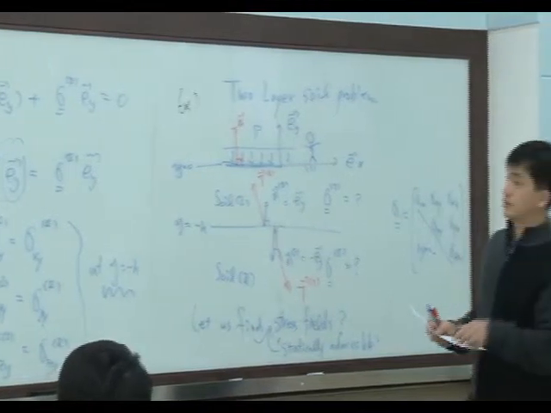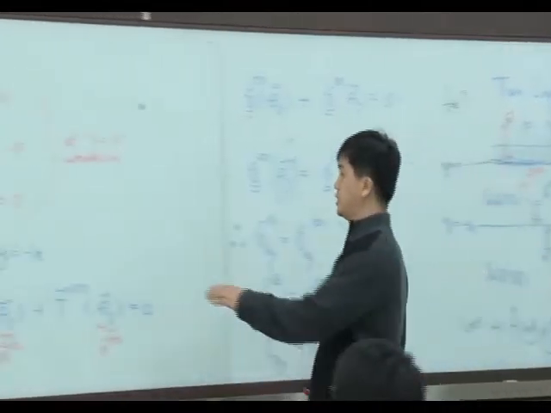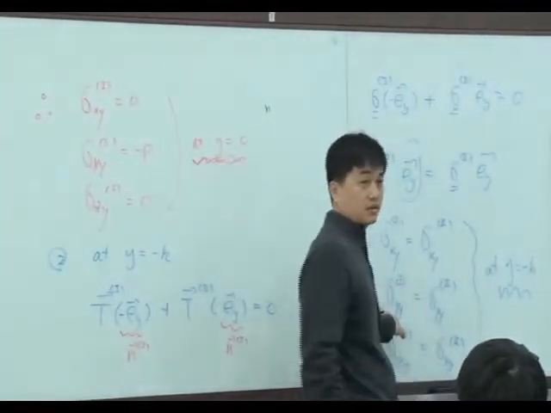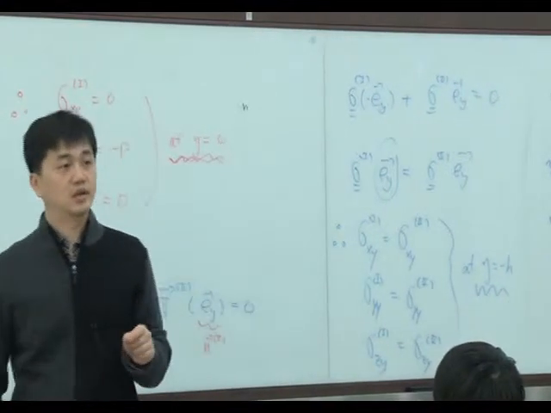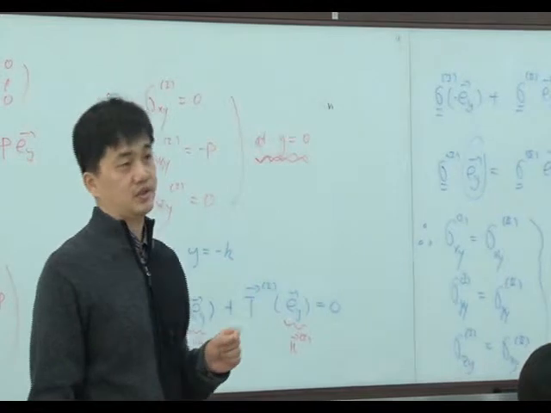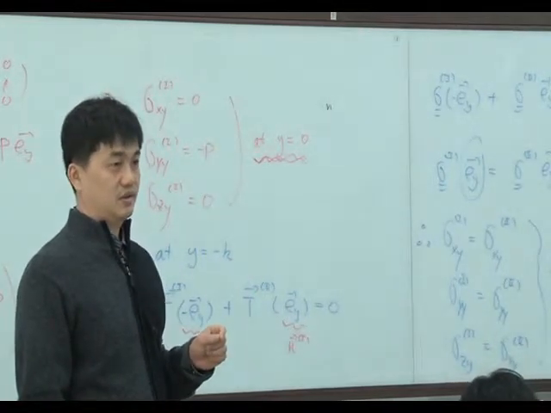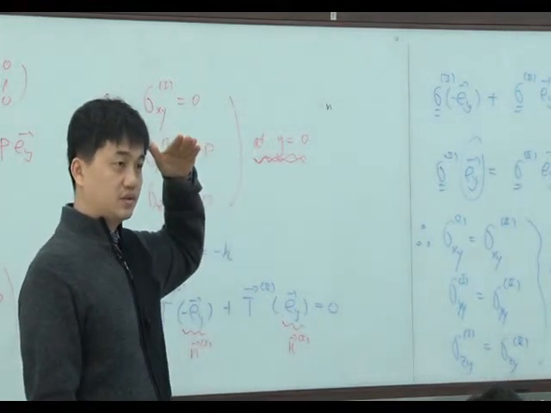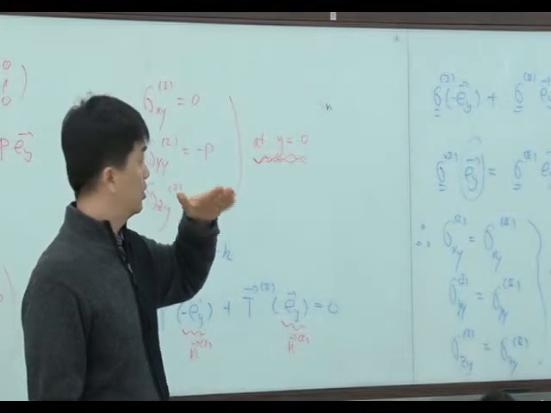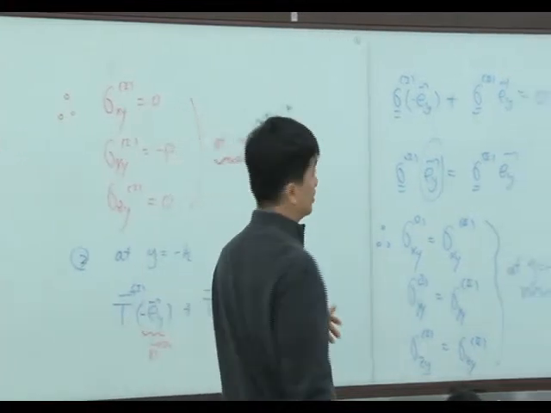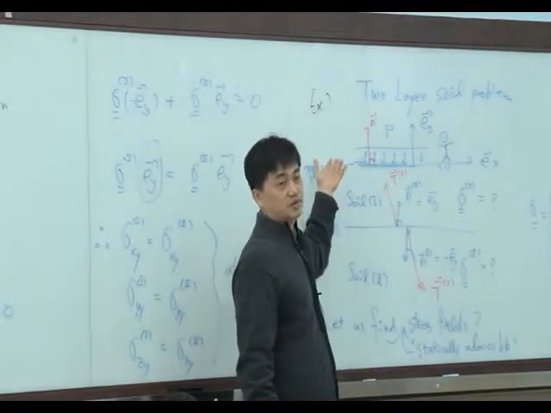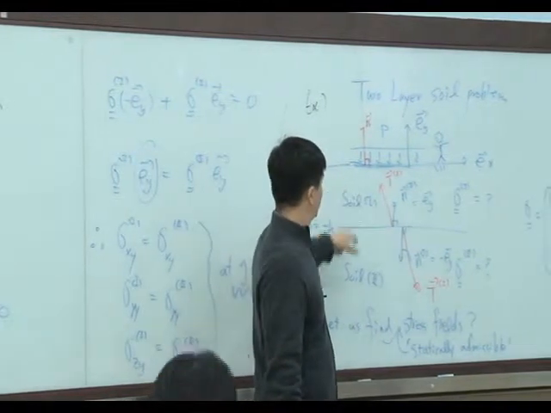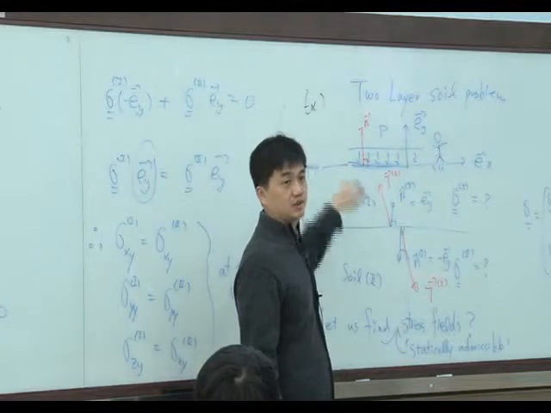So this condition gives us the meaning of continuity of stress, right? On the surface and then on the interface. Okay, actually the surface is also an interface too. So, interface.